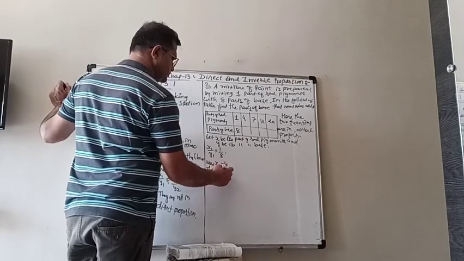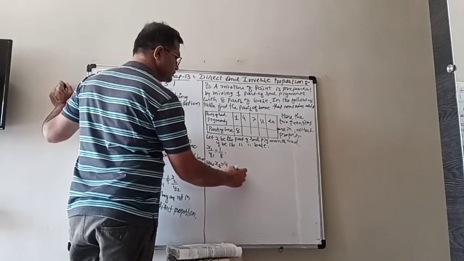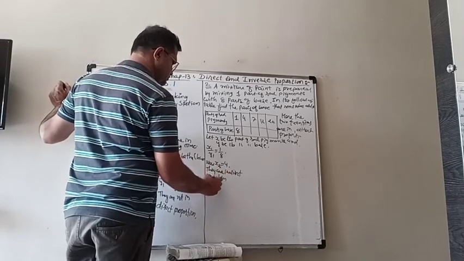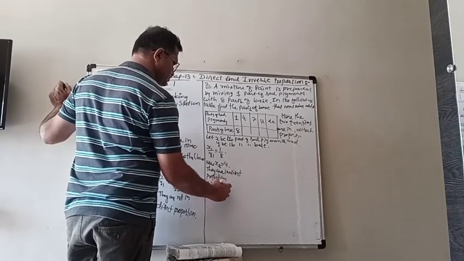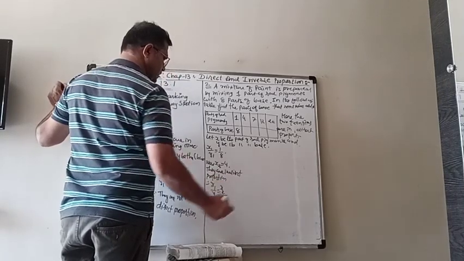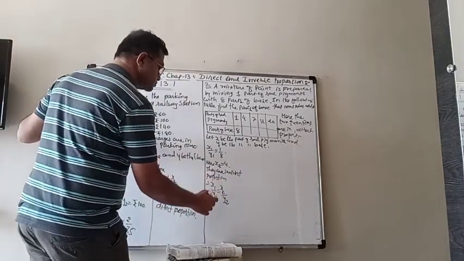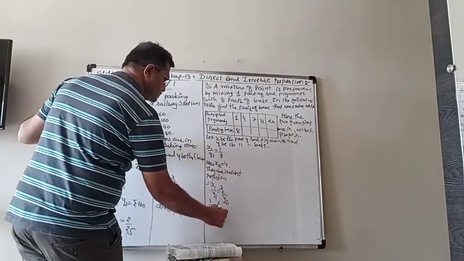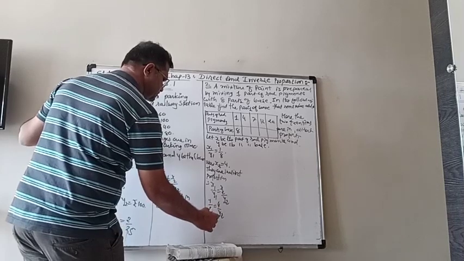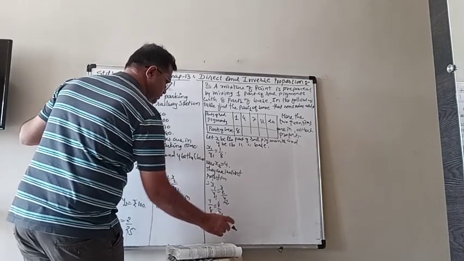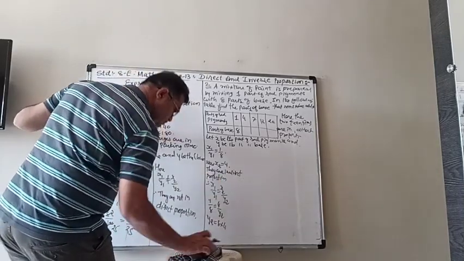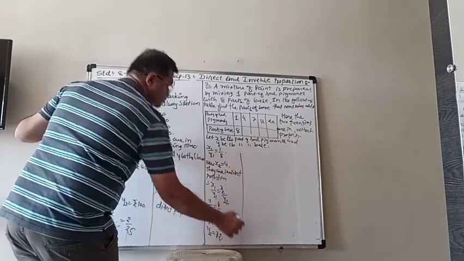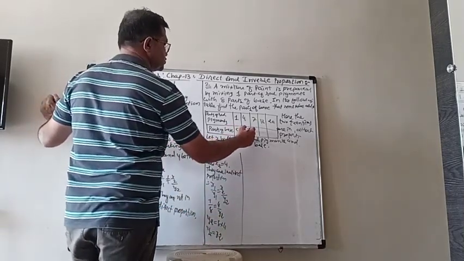They are in direct proportion. Therefore, you can use X1 upon Y1 is equal to X2 upon Y2. So 1 upon 8 is equal to 4 upon Y2. If you do the cross multiplication, Y2 is equal to 8 multiplied by 4. So we get Y2 is equal to 32. So here you can put the value 32 here.